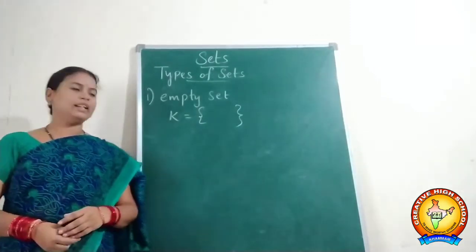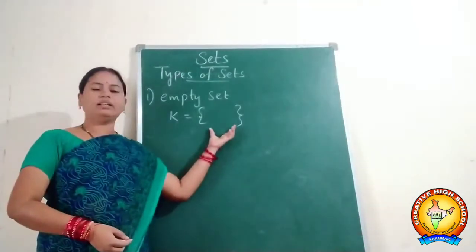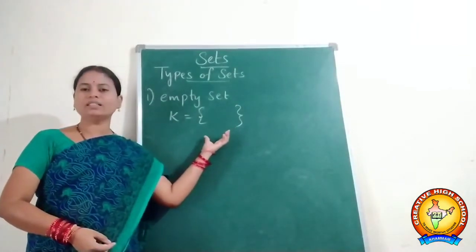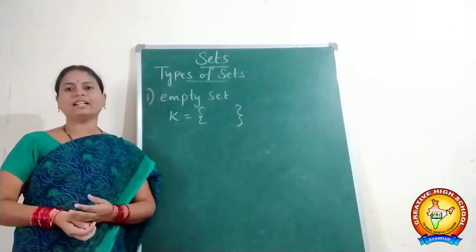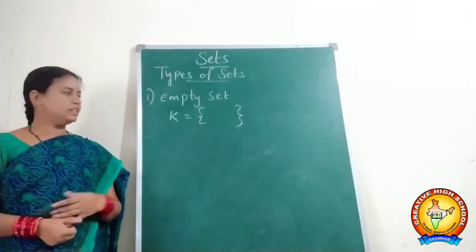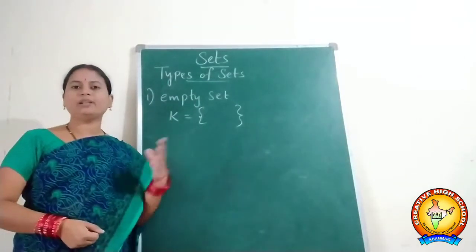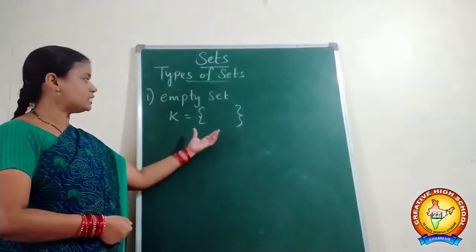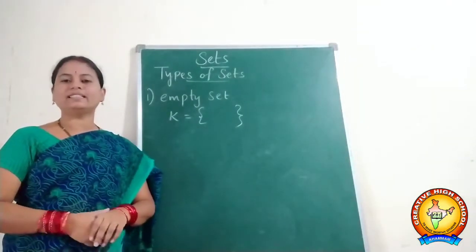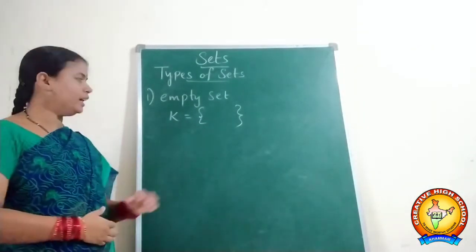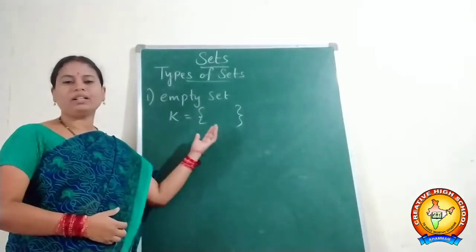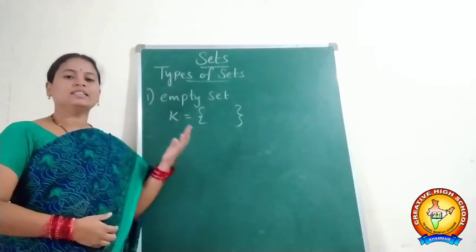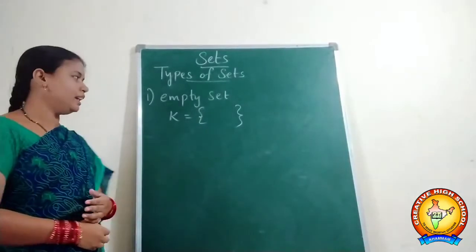No, there is no element suitable for this set, because no odd number is exactly divisible by 2. So that's why we do not have any elements in this set, and such sets are called the empty set. If no element is present in a set, such a set is called the empty set.